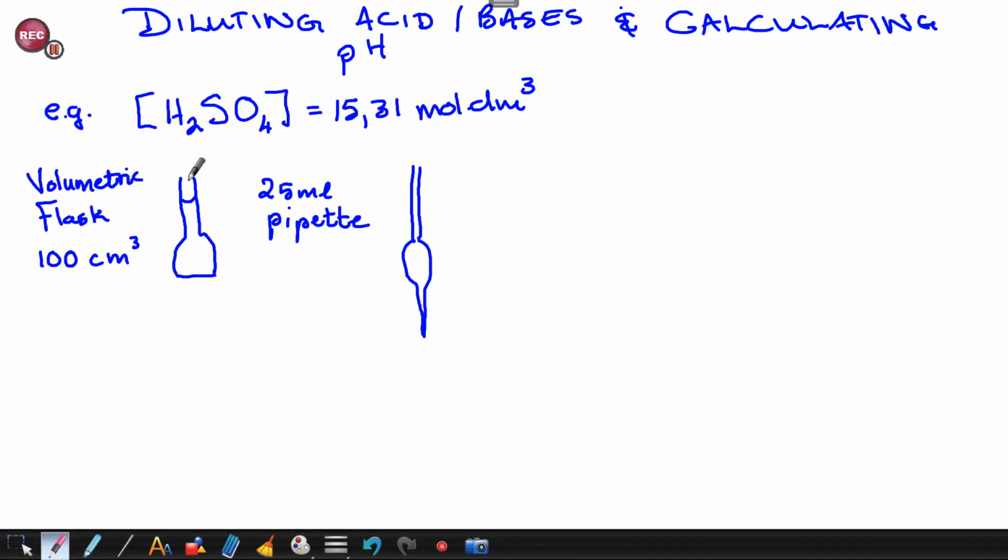So we are going to suck up 25 milliliters of that acid solution and pour it in a bigger volumetric flask.